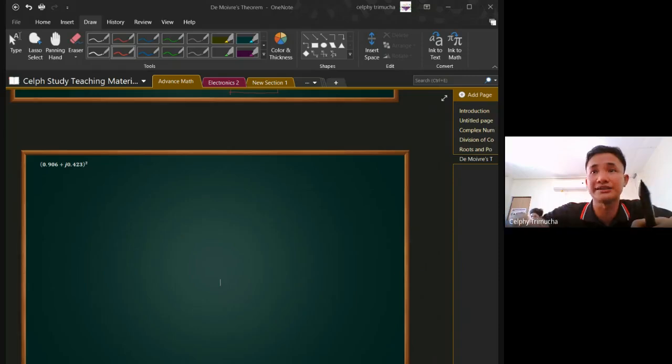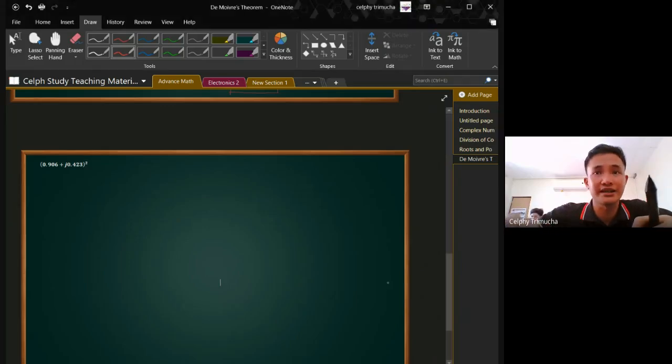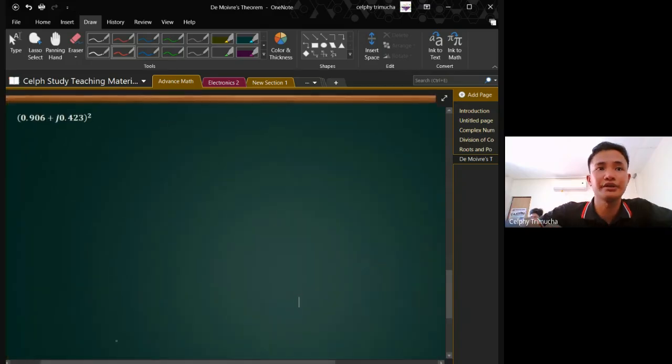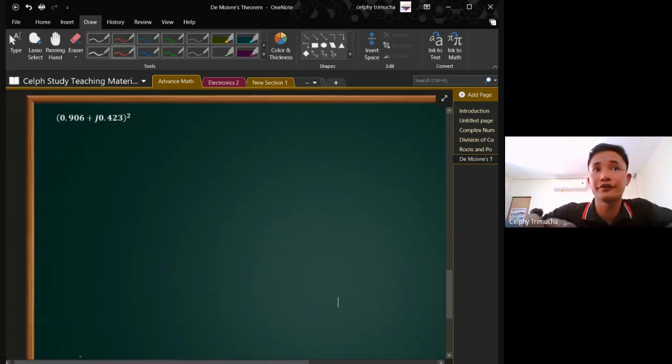The process is the same for another example. We are given another problem: 0.906 plus 4.423 j, squared, and we express our answer in polar form.